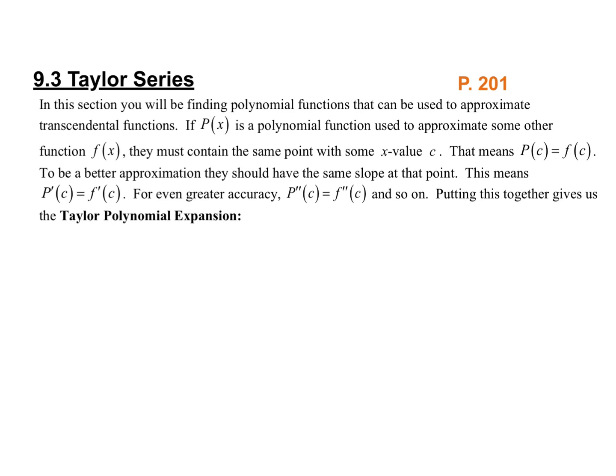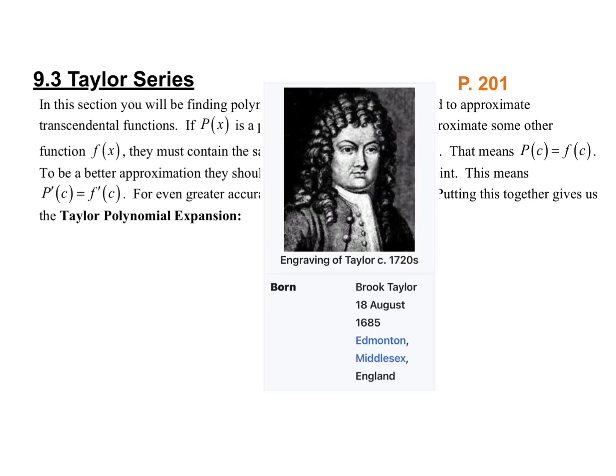Oh, but before that, because I was talking about this and somebody immediately, of course, in this Swifty world that we live in, I decided to find a picture of Brook Taylor, and there he is, in the 1700s. Not Taylor Swift, Brook Taylor. Although Taylor Swift might be jealous of his hair, I don't know. Seems very curly.